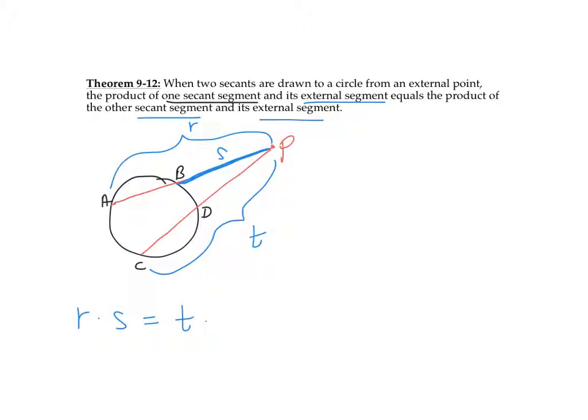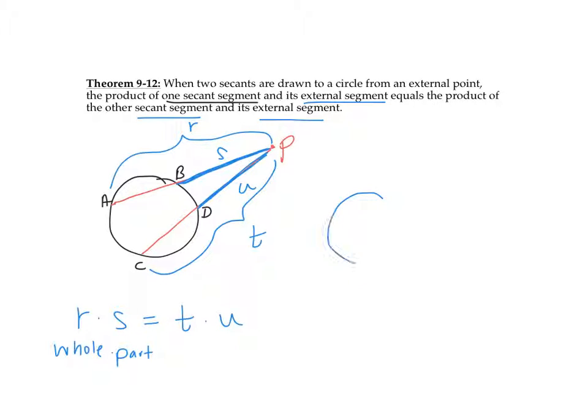So let's call that external piece right here U. Okay, so we take R times S and set it equal to T times U. So whole secant times part equals whole times part.